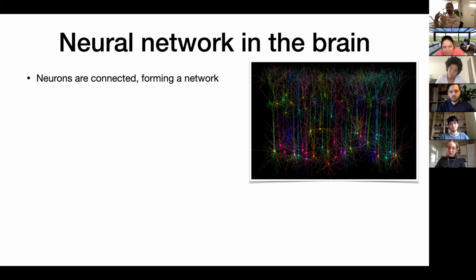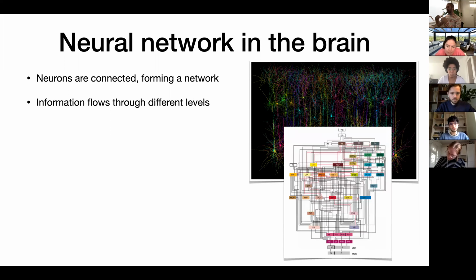And they're not one big circle cluster of different cells, but in most brain structures, they're organized such that they are segregated into different levels, different layers, and information flows through different levels. So from one network to the next network to the next subnetwork, and so forth.